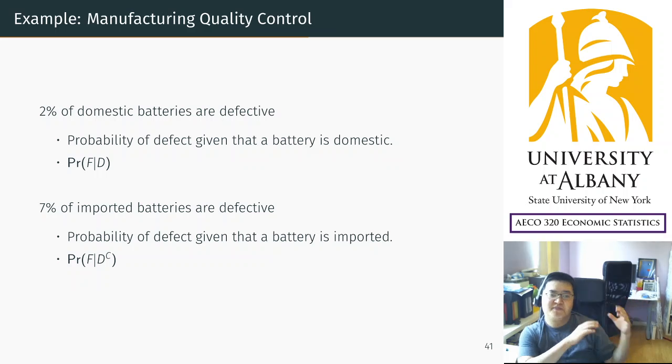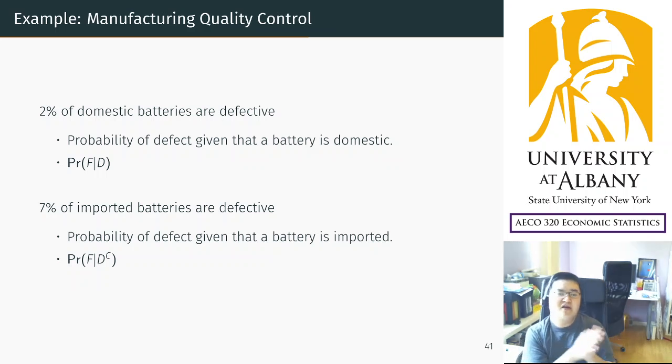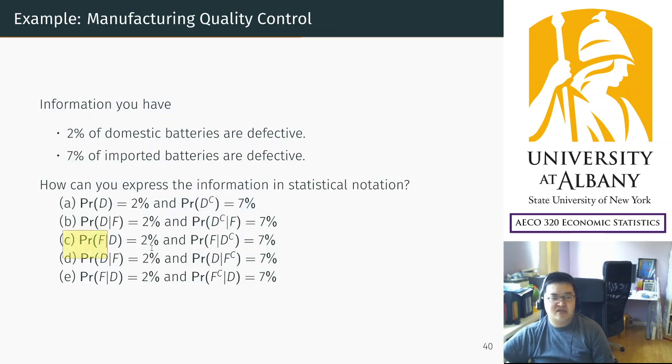So the first part, what you know when you choose the random battery, is being imported, and what you are curious about, what you actually inspect on the battery, is whether it is defective or not. So the condition is the complement, imported, and the main event of interest is whether it fails or not. So the answer is C. C is the answer, right?